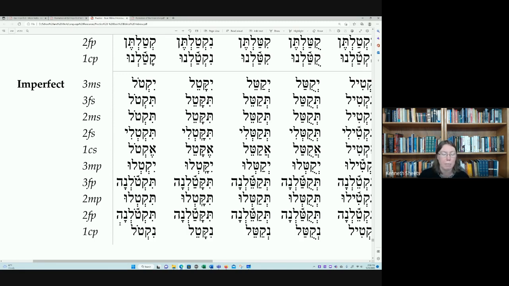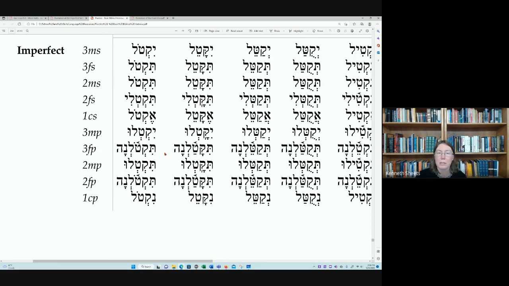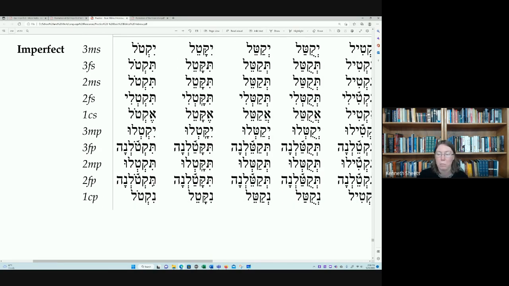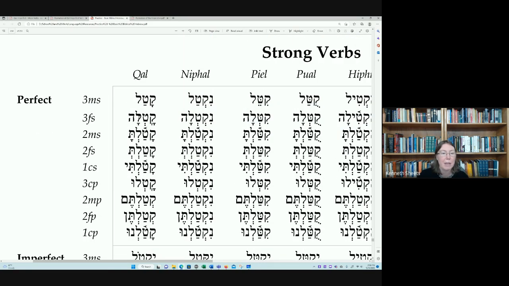Tiqtolna, you, feminine plural, will kill. And niqtol, we will kill. So those then are the forms. And so you can hear where all of those vowel pointings that we were talking about came into play with this. And these are going to be the normal pointing that you will see.